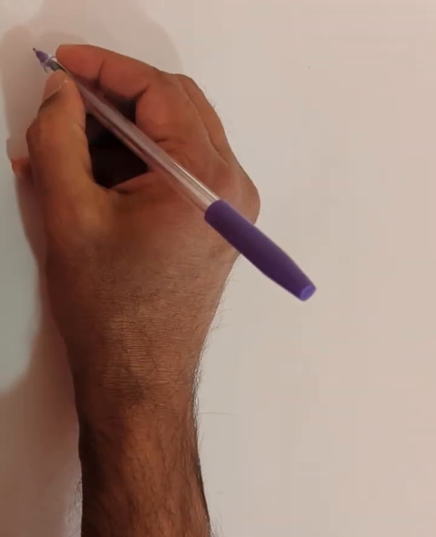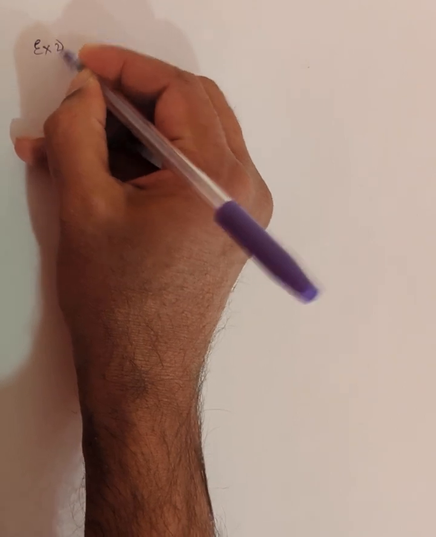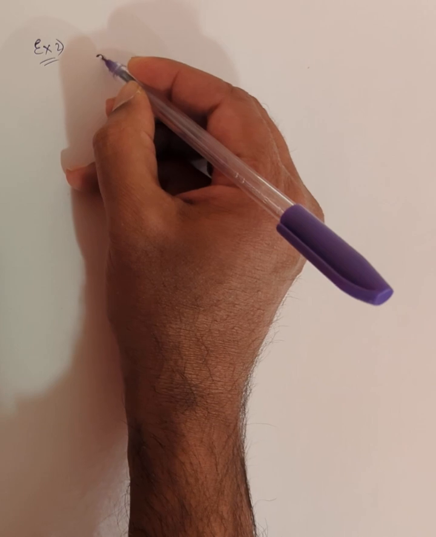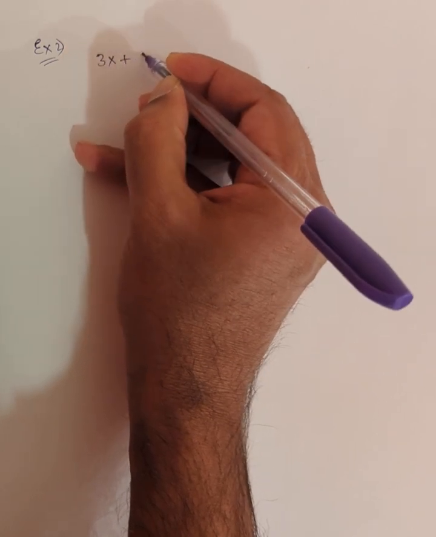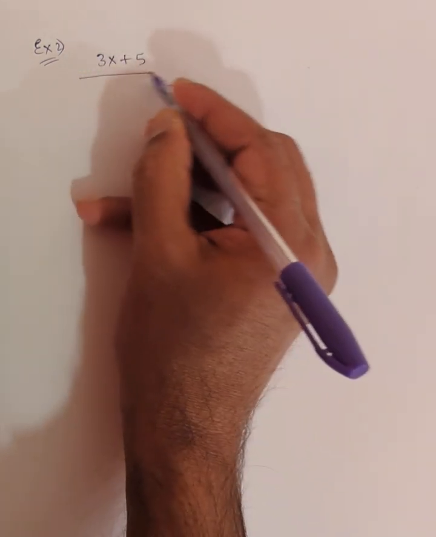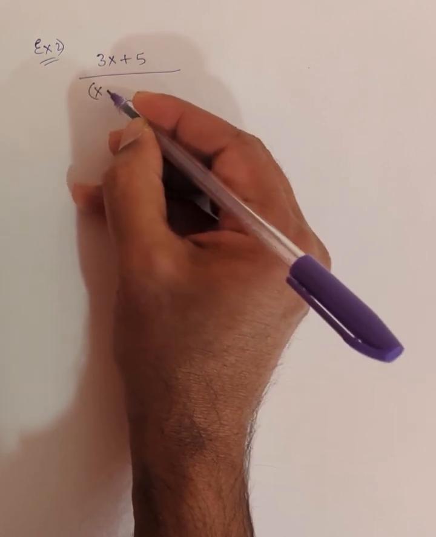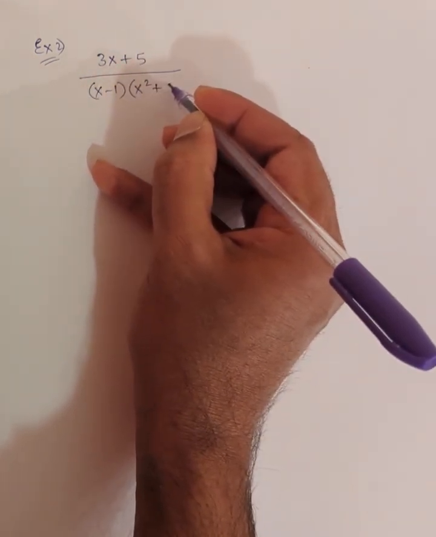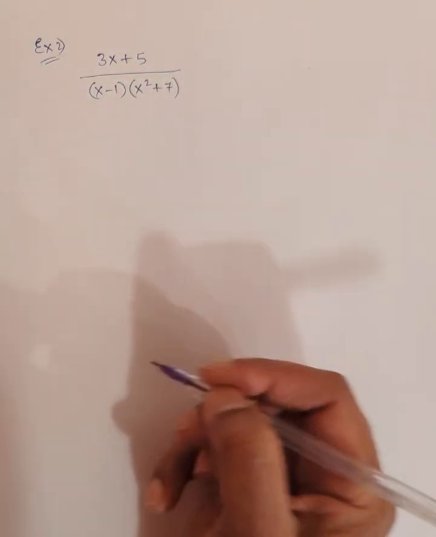Now let's look at one example where the denominator is, so let's write down say 3x plus 5, and the denominator now has a linear factor and also a quadratic factor, x squared plus say 7.